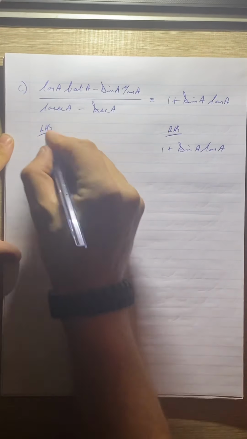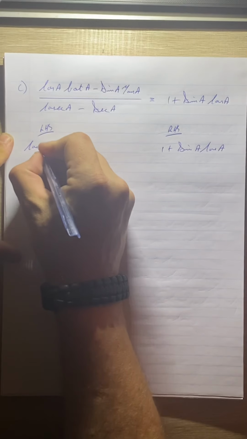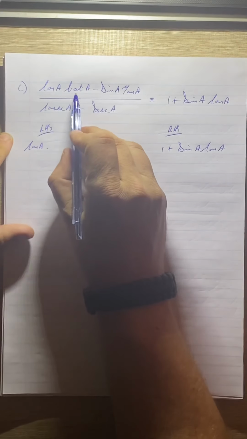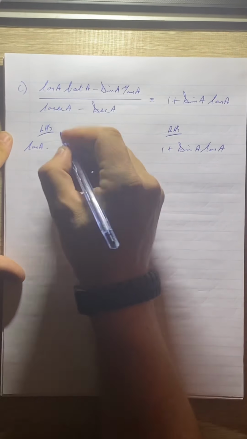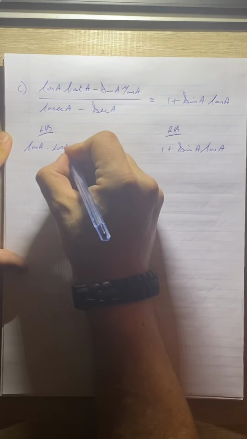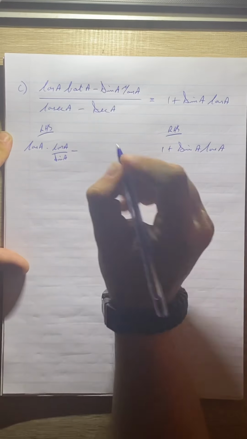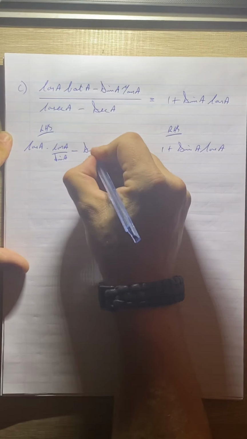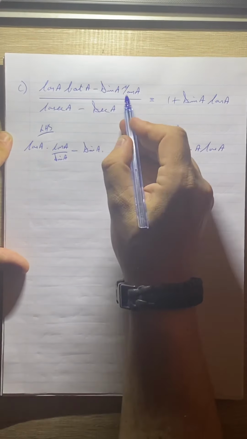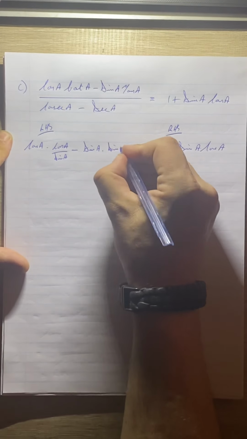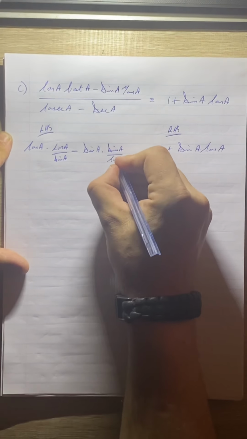So we've got here cos A multiplied by, now remember cot is cos over sine, so this becomes cos A over sine A, minus sine A times tan, which becomes sine A over cos A.